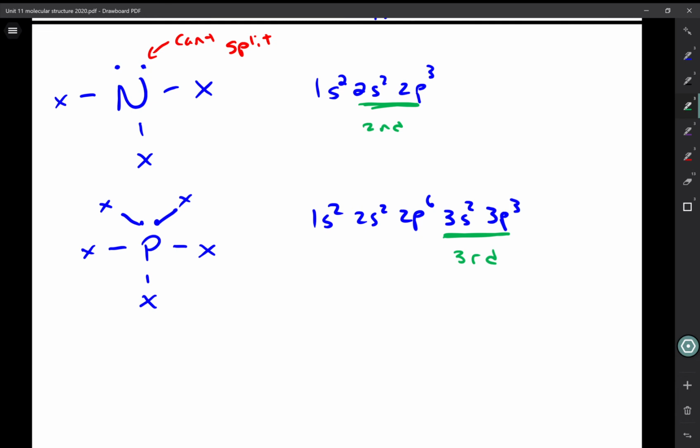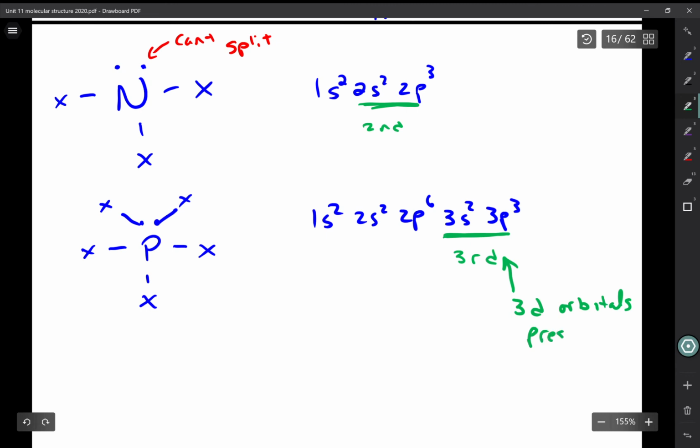Now, what does a third energy level have that the second energy level does not have? You guessed it: 3d orbitals. Technically, you can say it's 3d0 because there are no electrons in there.